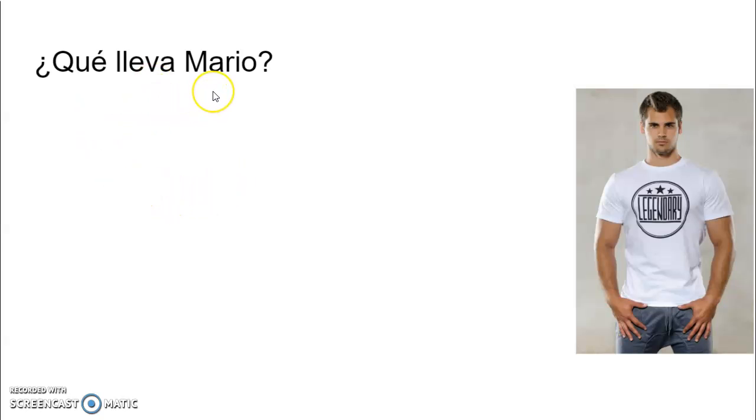¿Qué lleva Mario? What is Mario wearing? So you want to tell me Mario wears the white shirt. So you're going to think to yourself, well, okay, t-shirt white. How do we put that in Spanish and how do we change the endings to make it match?